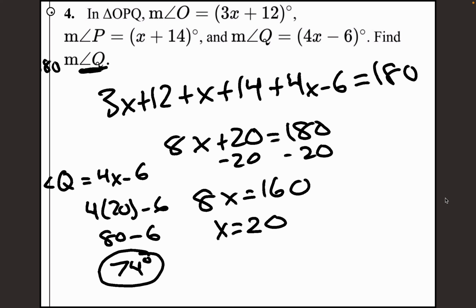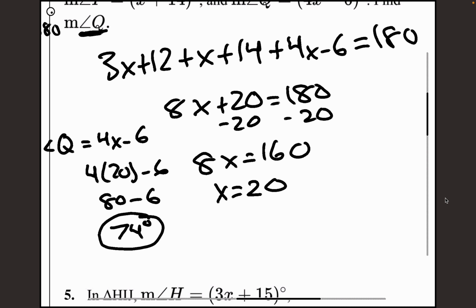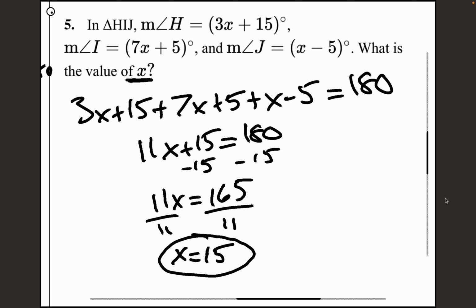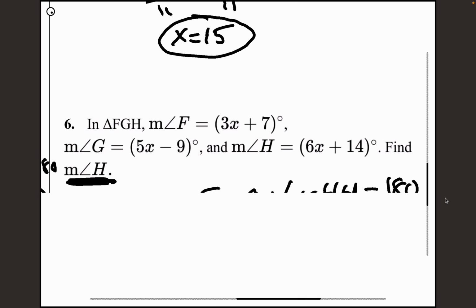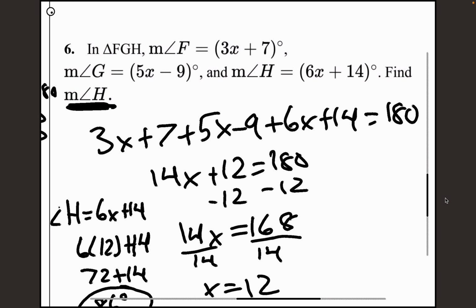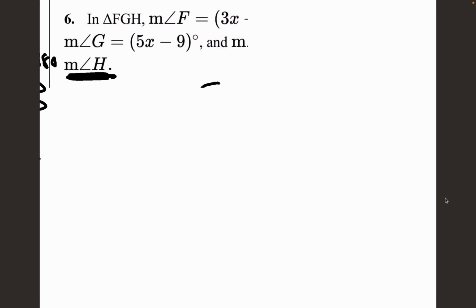Make sure you find measure of angle Q. I think a lot of you were getting that one right. Here's number 5. You should have x equals 15. We get that? Good. Finally, number 6. You should have got 86 degrees.